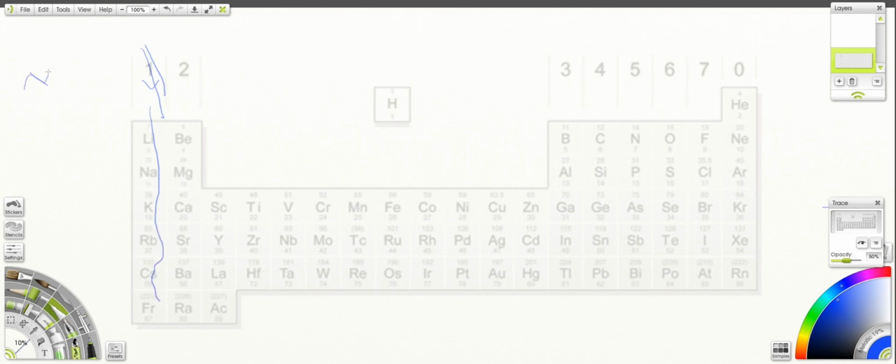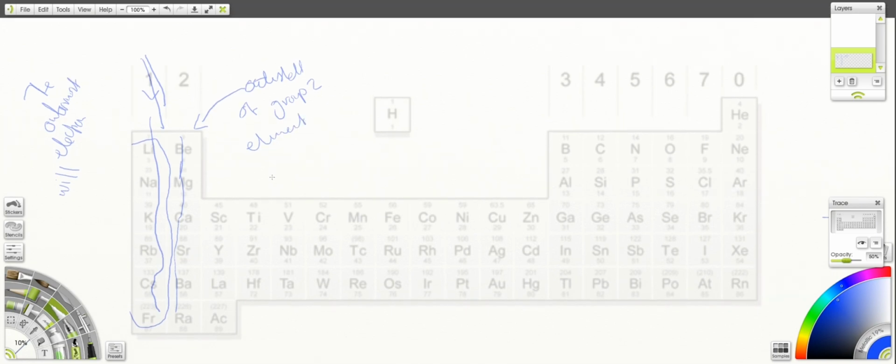The outermost electron will be 1. In the outer shell of group 1 elements, you're going to have 1 electron. In the outer shell of group 2 elements, so all of this is group 2, how many electrons are you going to have?